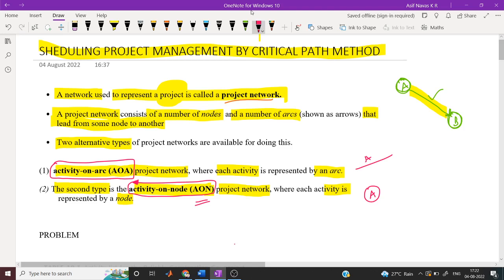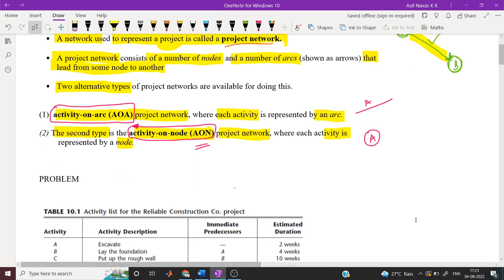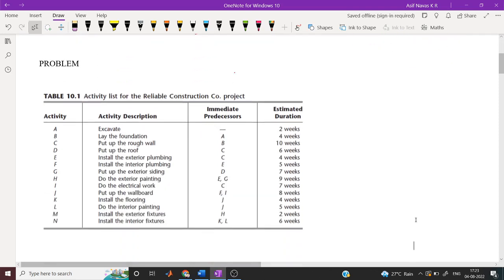So now consider a problem of project management. I have given a table, the list of activities for reliable construction of a project. Here the activities are given as A, B, C, D, etc., up to N. These are the N activities, and the activity description and immediate predecessors are given.